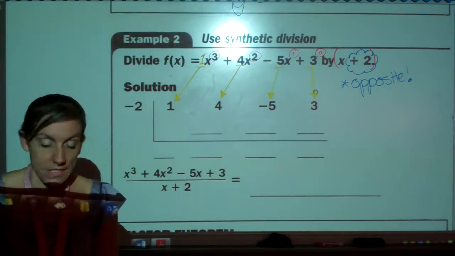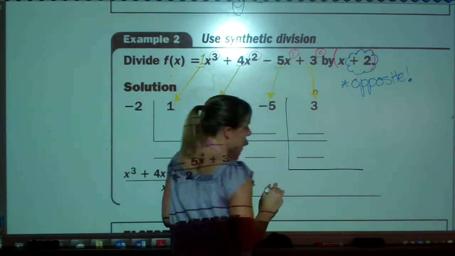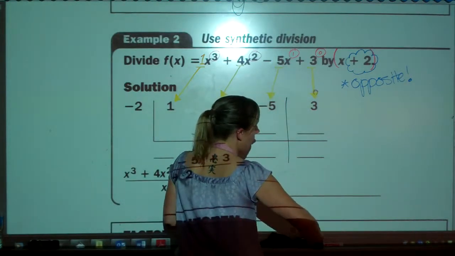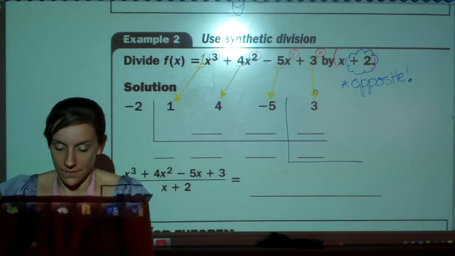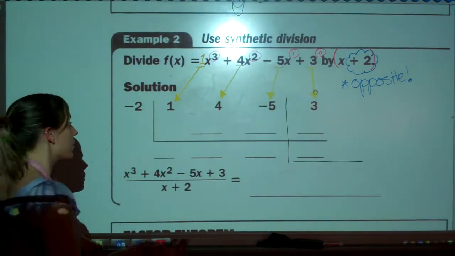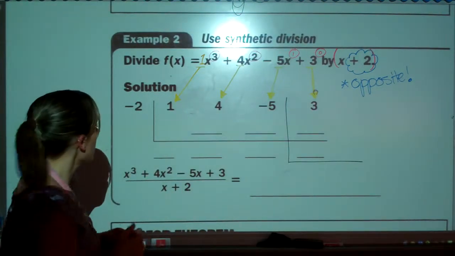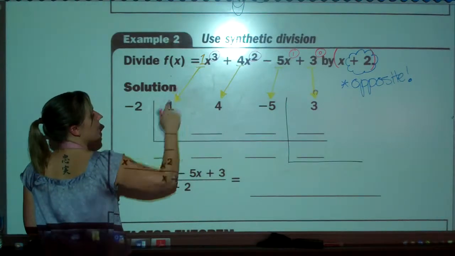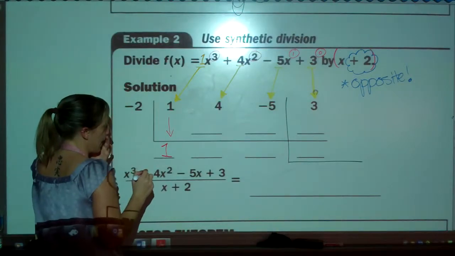Okay, another thing I've seen teachers do is they take and they kind of separate this last line off, and you'll see why in a second, because this last line is our remainder, okay? And again, it's just kind of like how we use the box to multiply and to factor. This is just a way to organize, but it goes a lot faster, okay? So, we start with the 1, because that was the leading coefficient, and we bring it down. So there's a 1 there, okay?